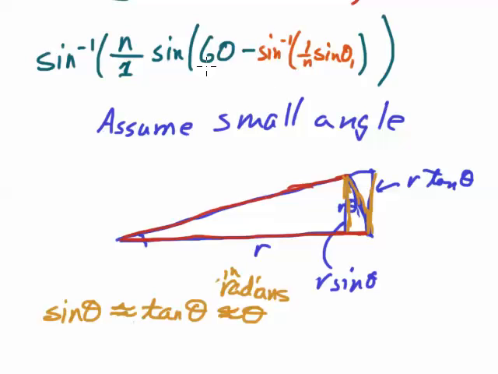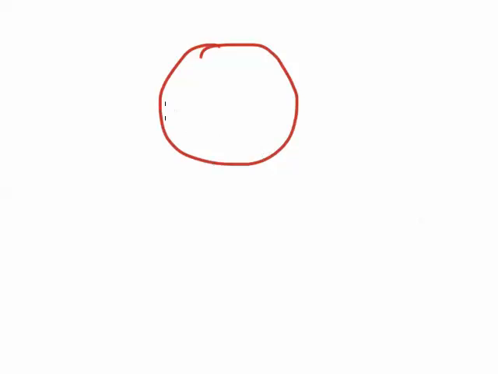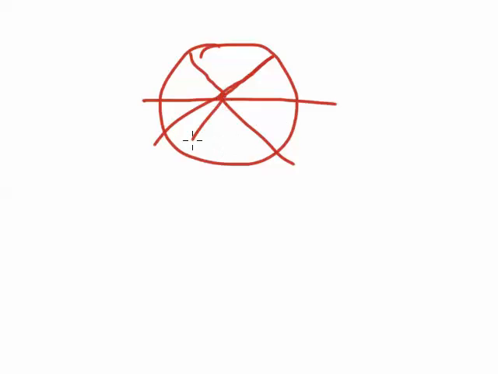So what I'm going to do is convert this angle measurement to radians. So 60 degrees is 1/6 of the way around the unit circle, right? 1, 2, 3, 4, 5. I drew that really badly, but it is 1/6 of the circle.